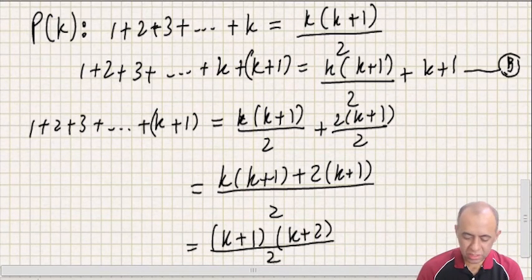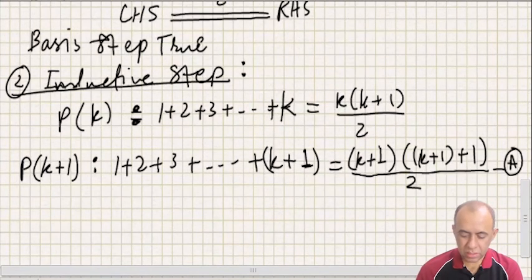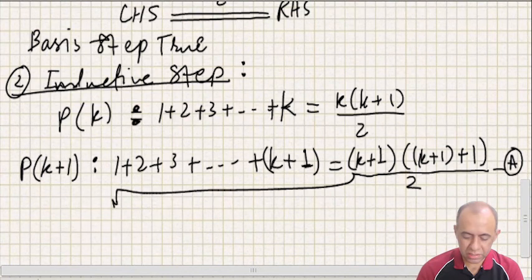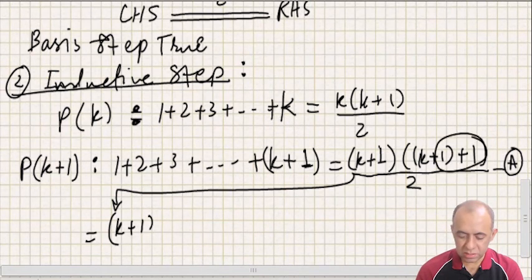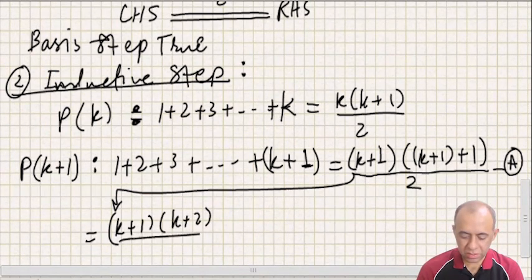So if you go and see the right hand side of A, I'm just going to rewrite the right hand side of A as k plus 1 into, add these two ones, so we'll get k plus 2 divided by 2.